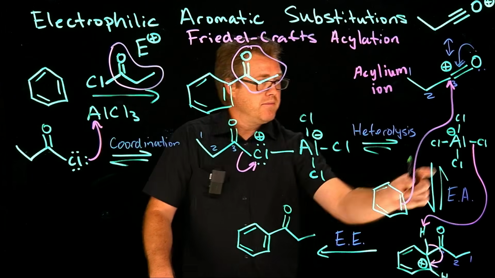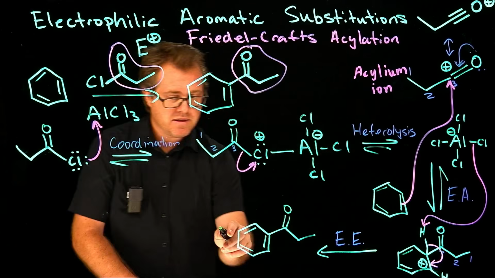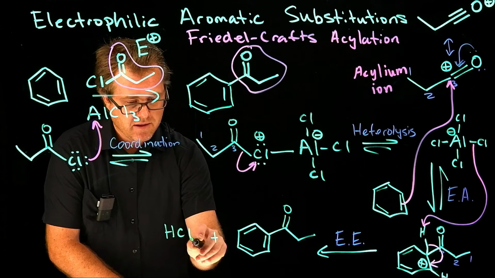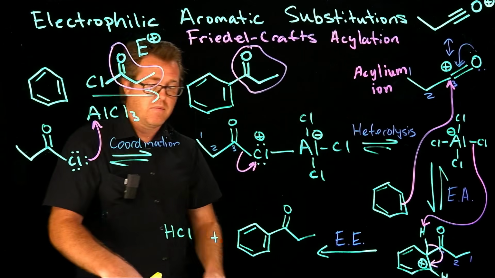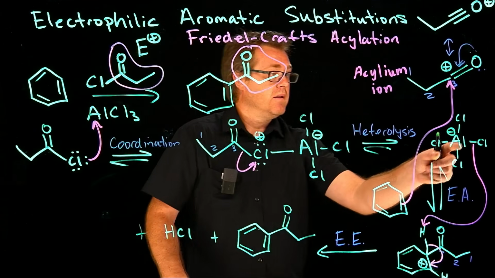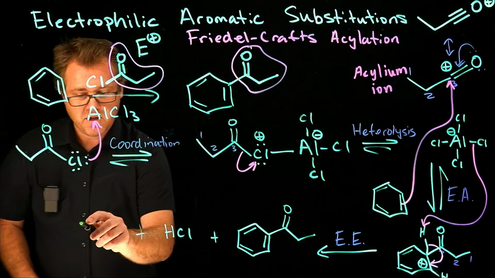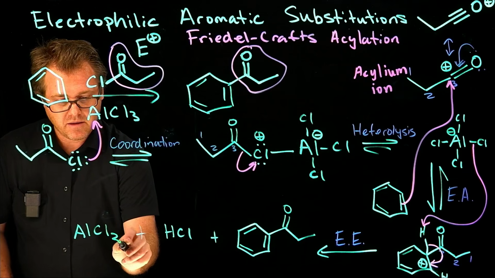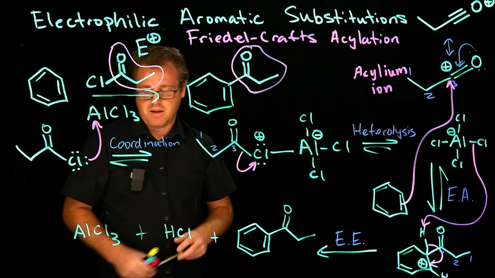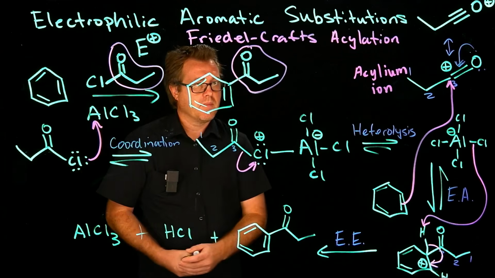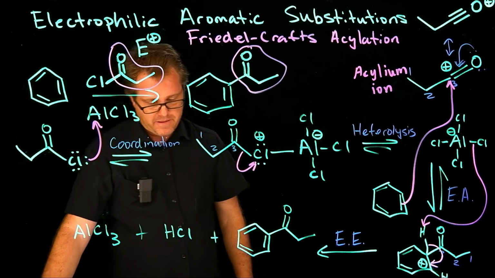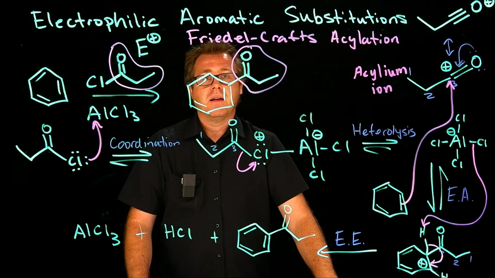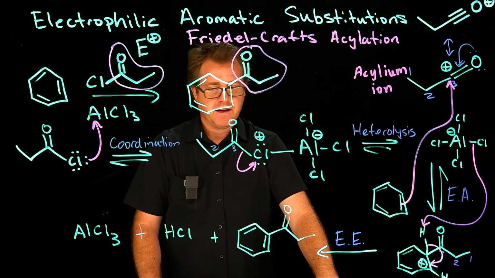When I did that, that chlorine taking this hydrogen, that's also going to give us HCl plus our aluminum trichloride. And there's our products. So that is a Friedel-Crafts acylation mechanism.